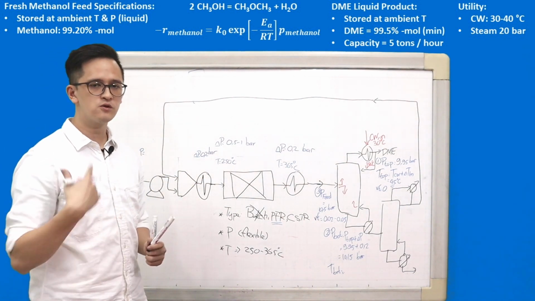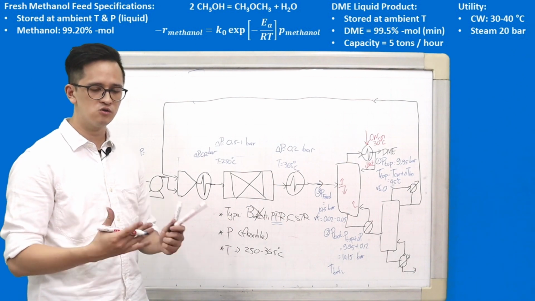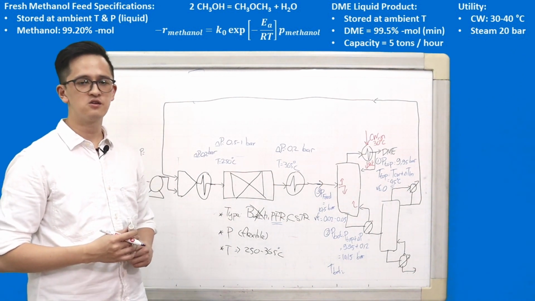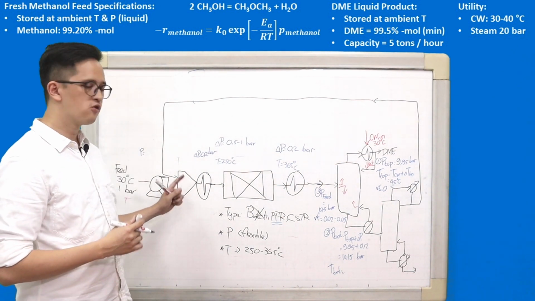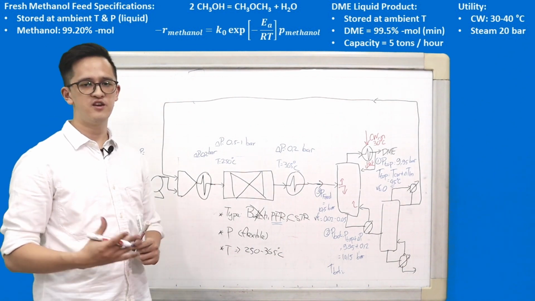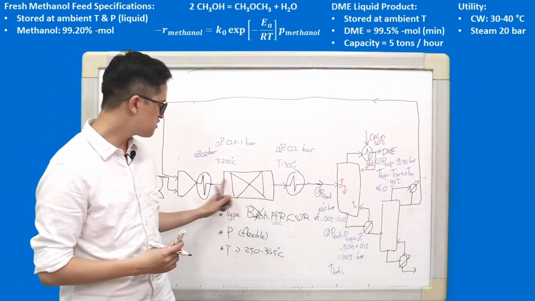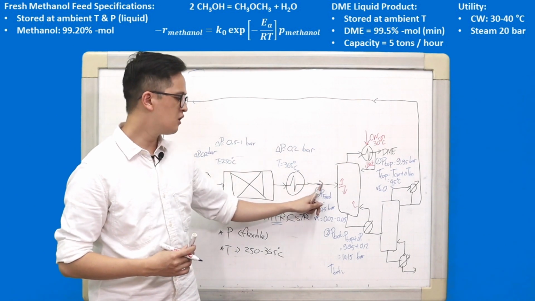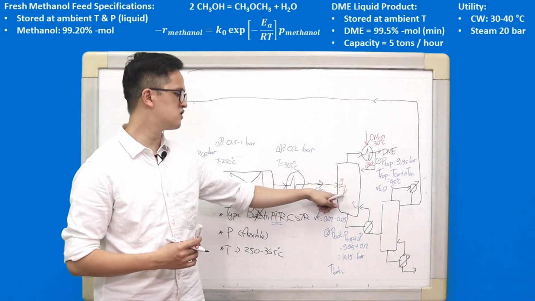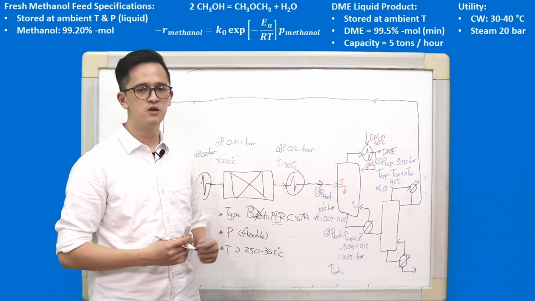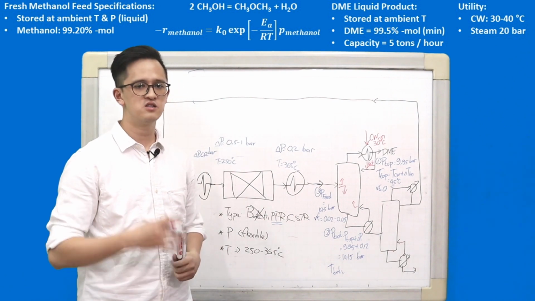Let's say we want to round that number to provide additional pressure drop for all the pipeline, for all the fittings, even for the elevation. Remember, this is all at ground level. Once you send it to the distillation, it could be sent to the top. Let's say it's 20 stages, that's 12 meters.